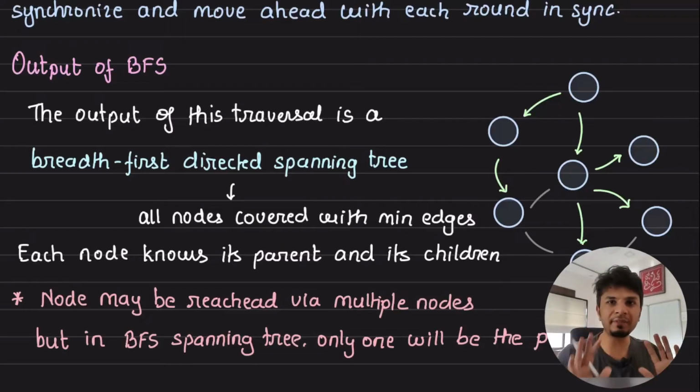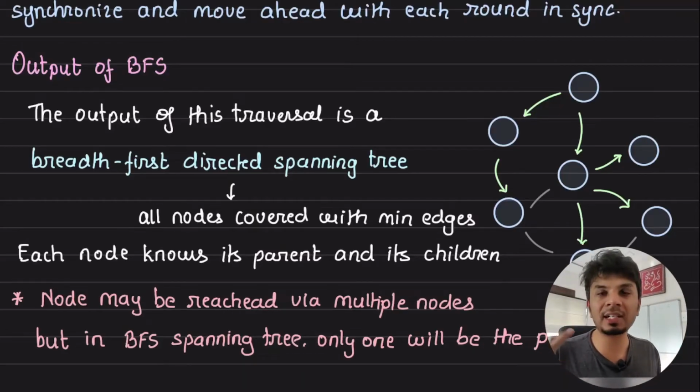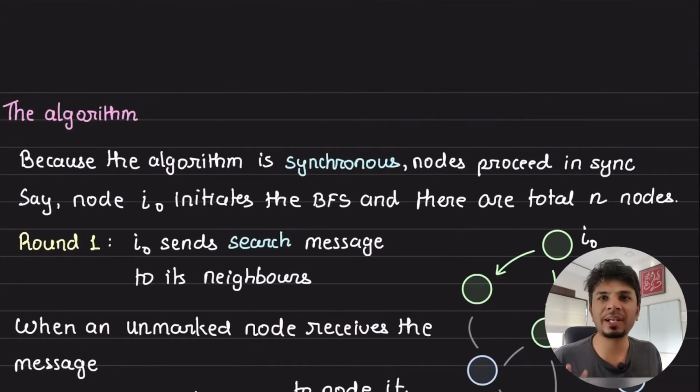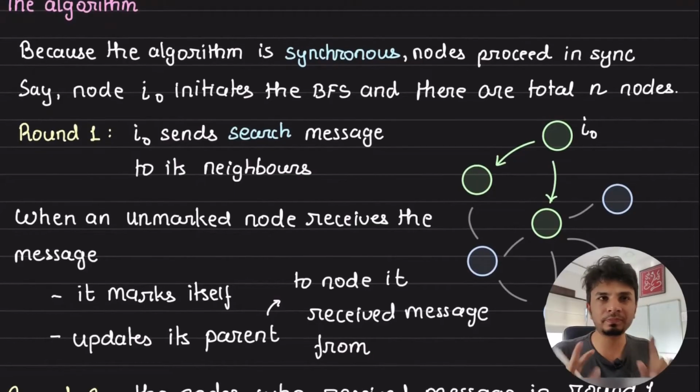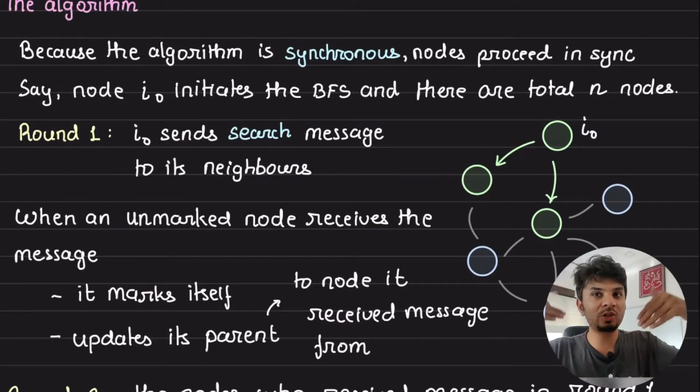Okay. So now that we know what the input is and what the output is, now in a distributed setup, see how interesting things get. Right? Now let's talk about the algorithm. Because the algorithm is synchronous, every node moves forward step by step, round by round.